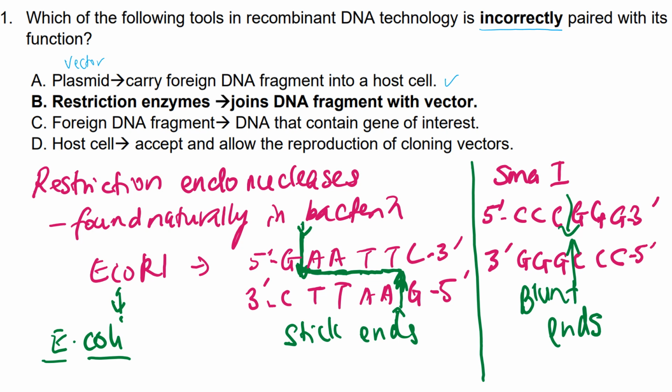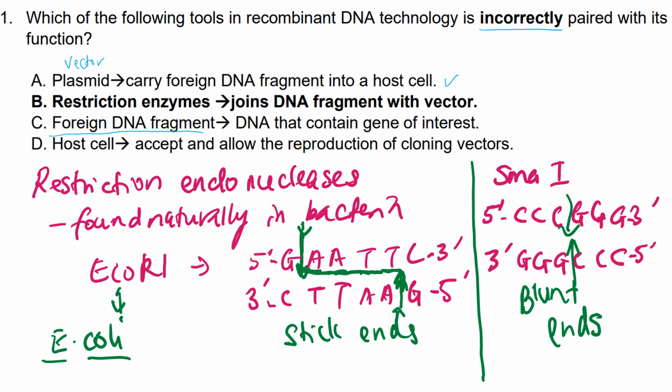Okay, so we are going to proceed straight to statement C first. For the second statement, foreign DNA fragment that contains gene of interest. Foreign DNA fragments are fragments of DNA that contain information, or actually genes, from another organism.